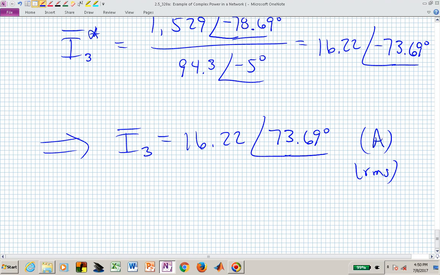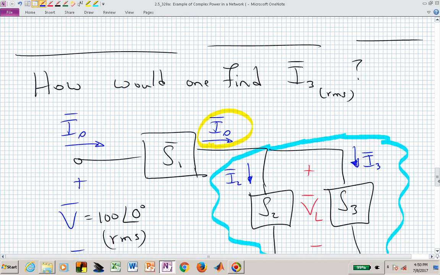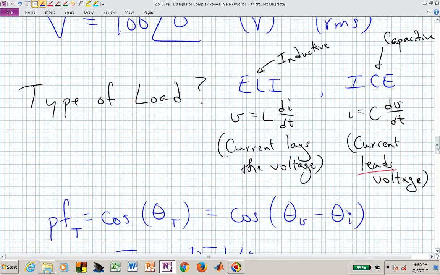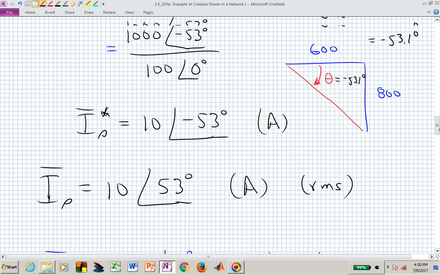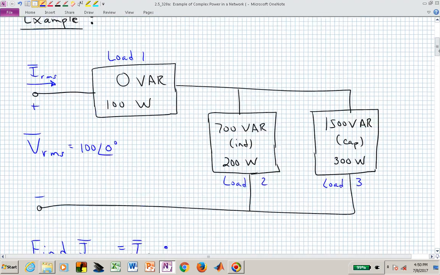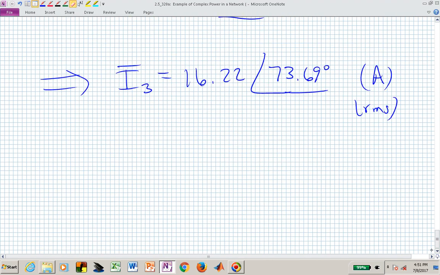And if you're remembering what we just calculated, what was the source current, I sub S? Wait a minute, I sub S was 10. It was 10, and now we have found that this current, I sub 3, is bigger than 10. What's going on? What in the world do we now have going on? Did we make a mistake?